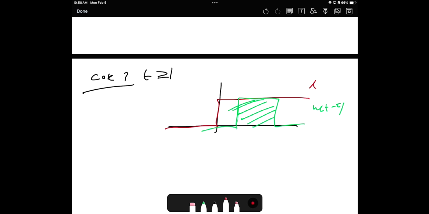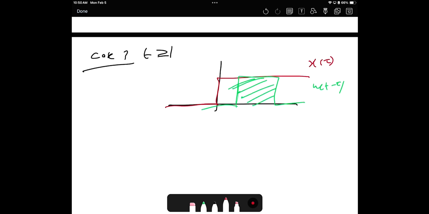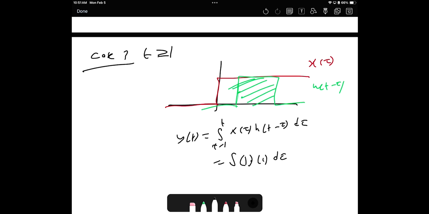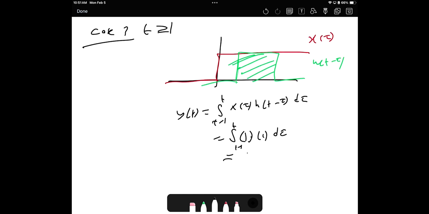This is x of tau. Then y of t equals the integral between t minus 1 and t of x of tau h of t minus tau d tau. So it will be the integral of 1 times 1 d tau between t minus 1 and t, which is 1 times u of t, which is u of t.